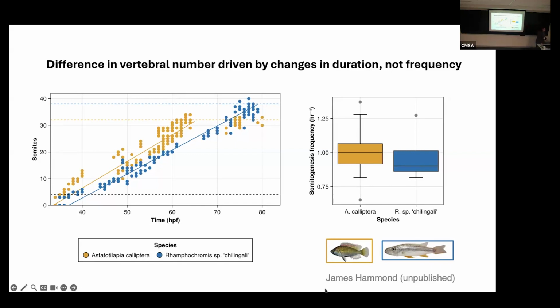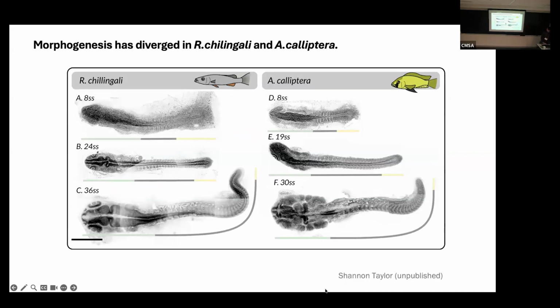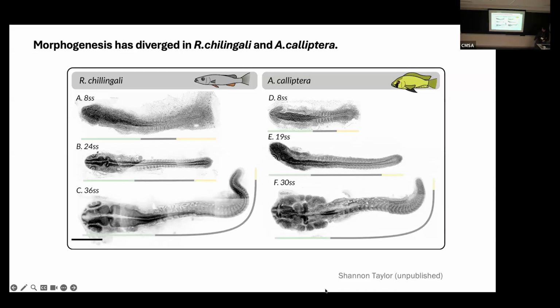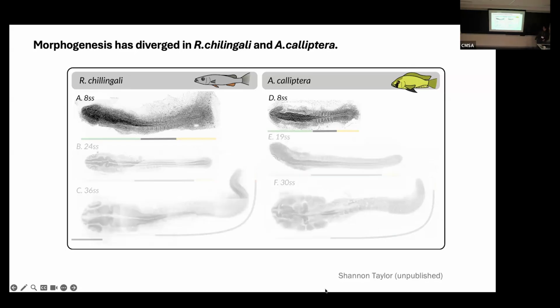So we started, on fixed samples, this was before we could live image them, just looking at morphogenesis to try to infer how it might have differed between the two. At mid and late stages, they look very similar. But at early stages, you already start to see differences in size. The Rhamphochromis embryo is larger than the Calyptera embryo at the same stage.